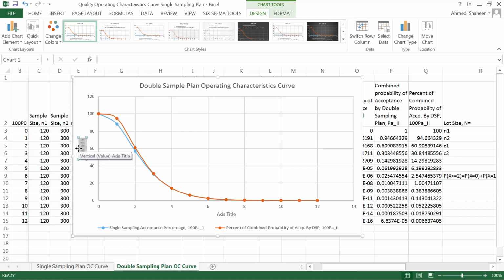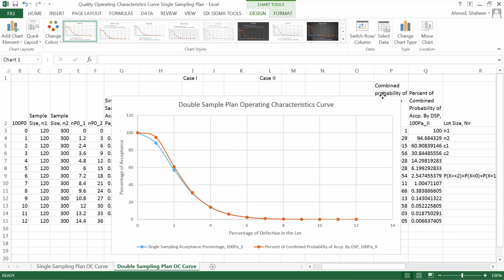So this is the percentage of acceptance. This is the percentage of defective in the lot.